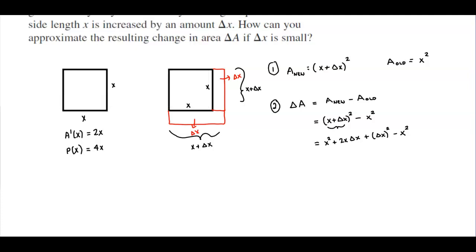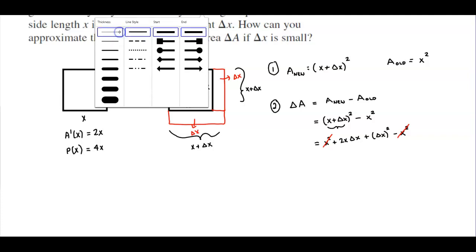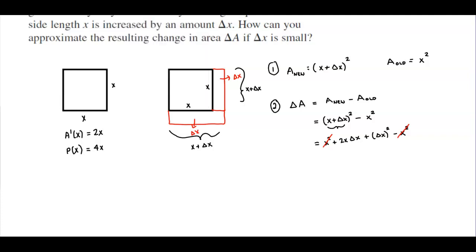Now when we combine like terms, we can eliminate the x squared. And so what do we get for the change in the area? Well, we get 2x times the change in x plus the change in x squared.